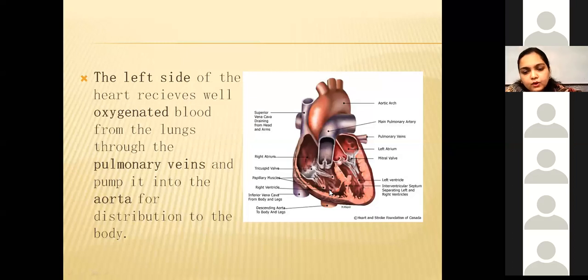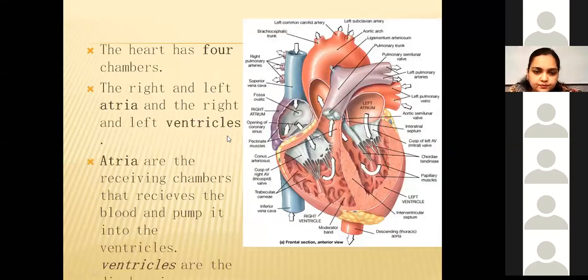From the lungs it will drain into the left atrium, and from the left atrium it goes into the left ventricle. From the left ventricle it will be distributed through the aorta to the rest of the body.